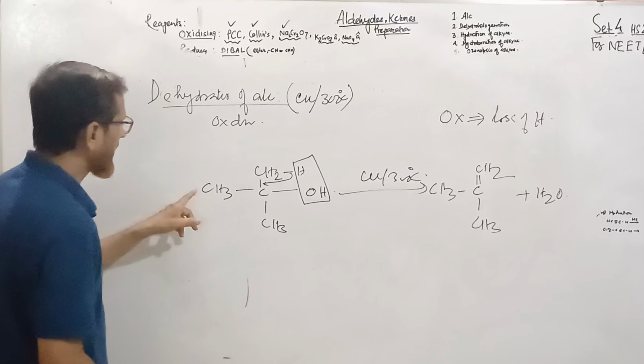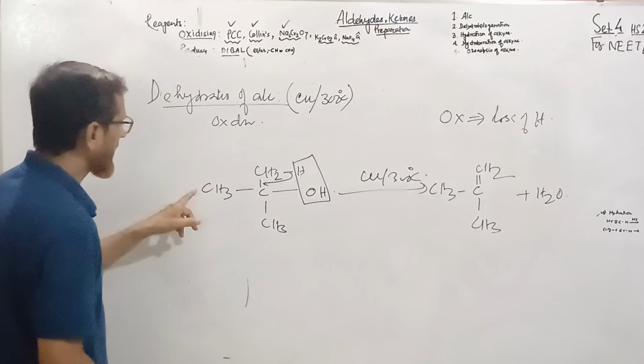So it is nothing but oxidation. How? What is oxidation? At that time I told you, oxidation is loss of hydrogen. Reduction is addition of hydrogen. So since it is oxidation, there will be loss of hydrogen.